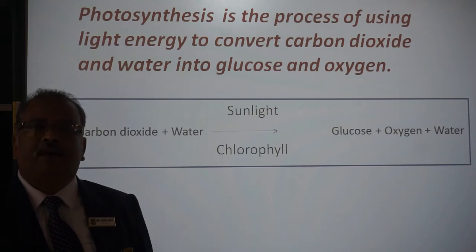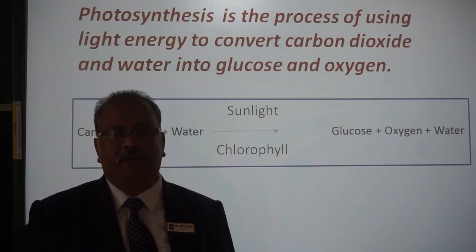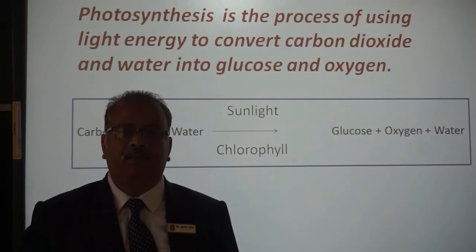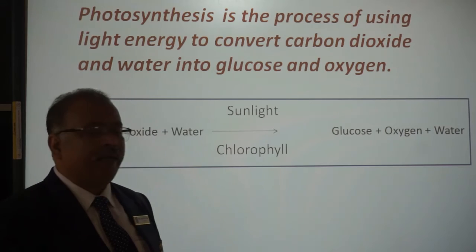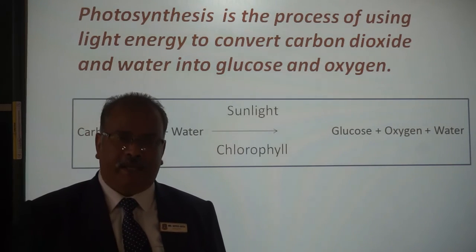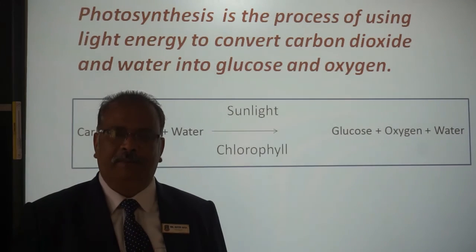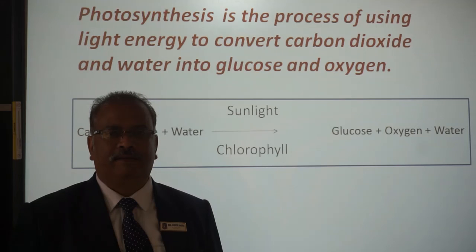Once again, photosynthesis is the process by which green plants prepare their own food with the help of carbon dioxide and water. Now we have come to the end of this topic, photosynthesis of chapter Plants Life.